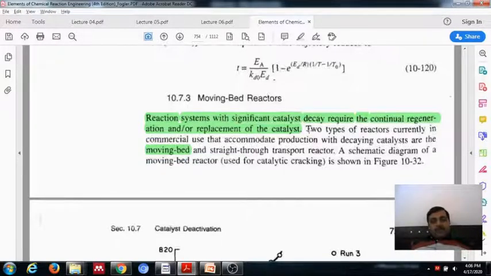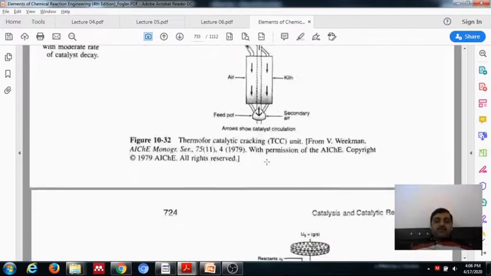There are two types of reactor which usually handle the faster decay. When it is moderate decay we go for the moving bed reactor, and when it is very fast decay we go for the straight through transport reactor. We are going to discuss STTR in the later part of our next lecture.